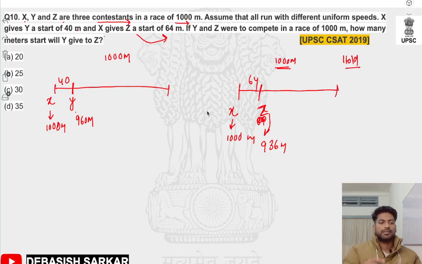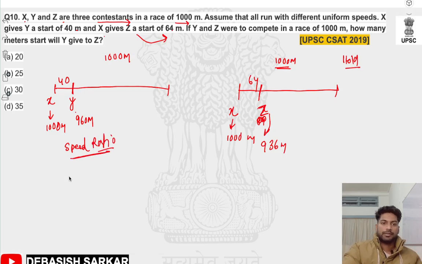Now compare their speeds. The time will be the same. Look, if the time is constant, then the speed ratio and the distance ratio will be the same. So we can say time is constant. Just say time is 1 hour.